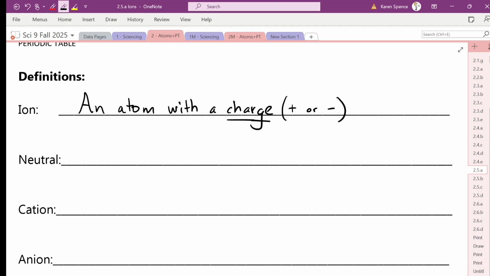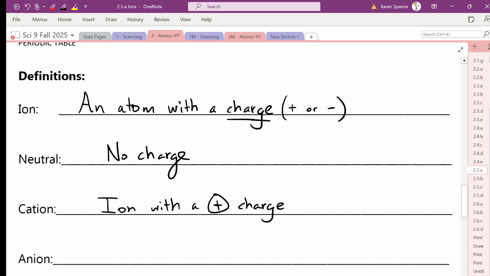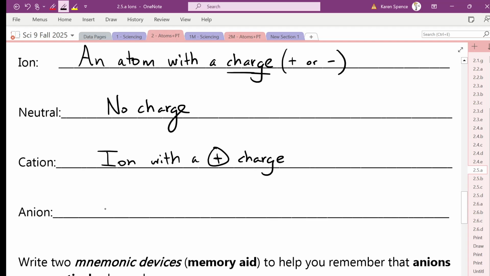What is neutral? No charge. What is a cation? It's an ion with a positive charge. What is an anion? An ion with a negative charge.